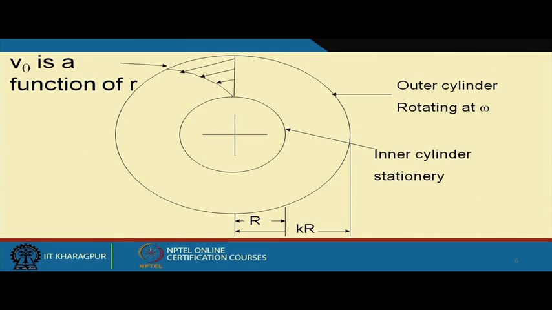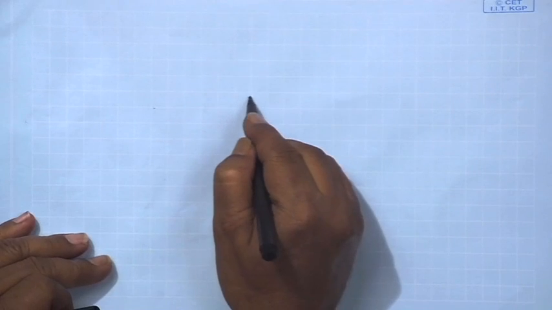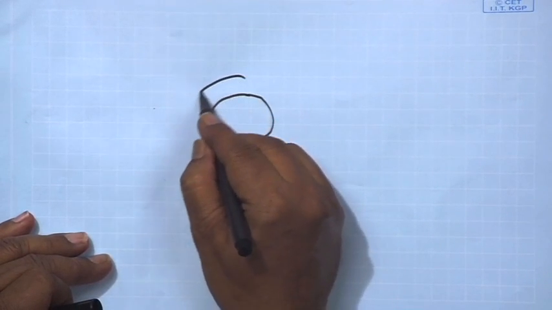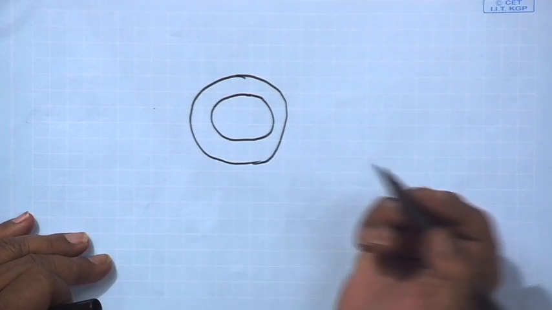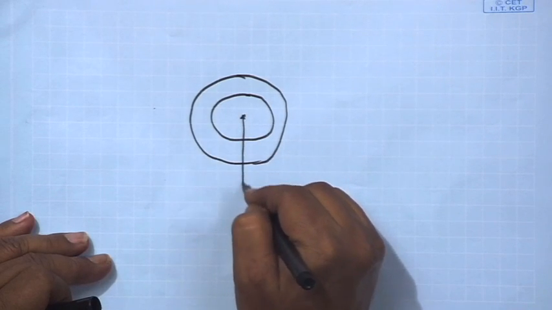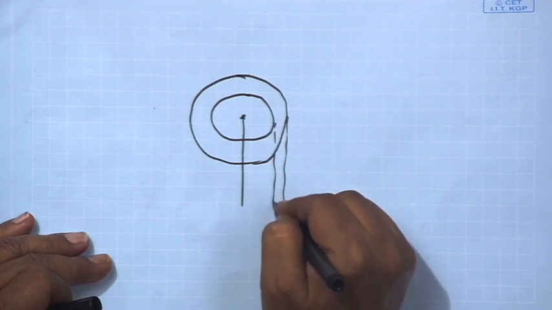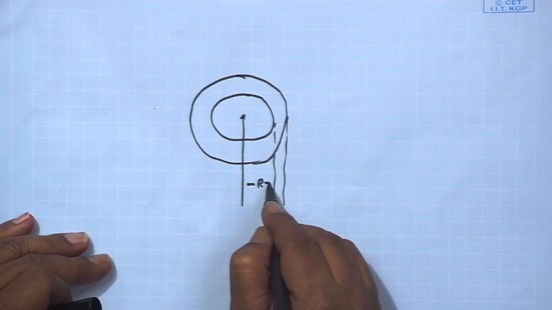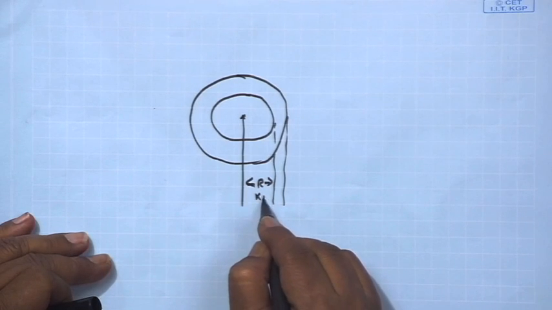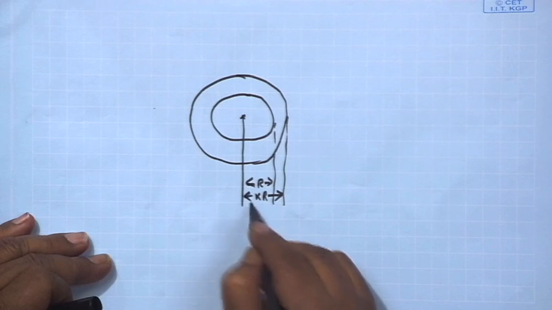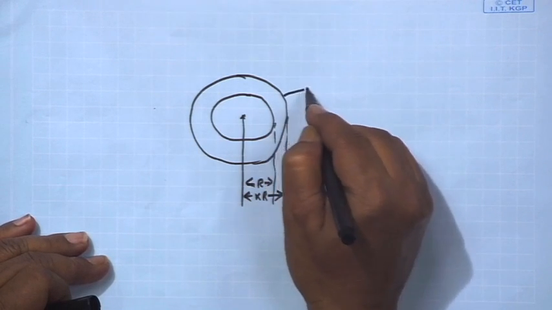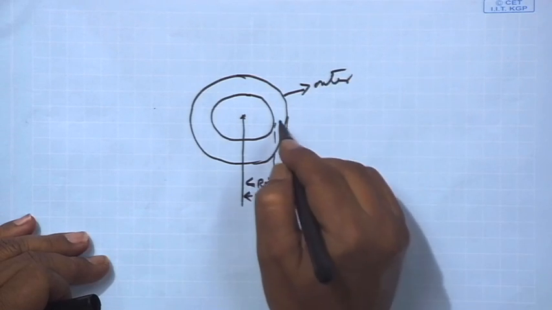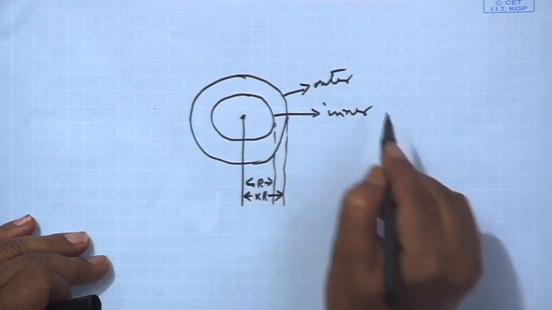If we look at this, we have two cylinders, the outer cylinder and the inner cylinder. If this is the inner cylinder and this is the outer cylinder, and this is the center, then the inner one has radius r and the outer one has some multiple of r, say kr.